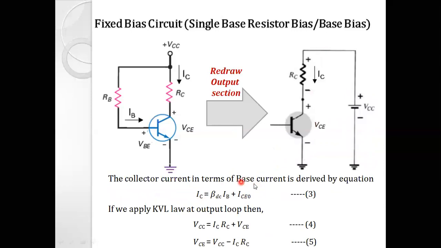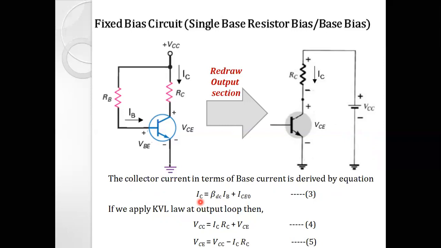The collector current in terms of the base current is given by the equation IC is equal to beta DC into IB plus ICEO, right? This equation we derived when we went through the topic of the current components of the transistor and the relation among the different currents of the transistor. That means the relation between the base and collector current, and the relation between the base and the emitter current, right?